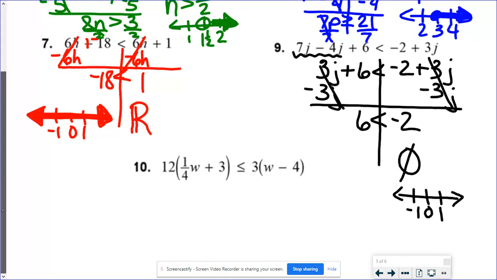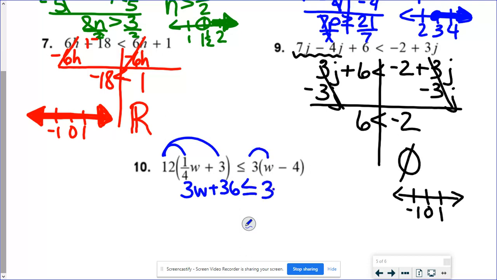For number 10, this last one, I'm going to have 12 times 1/4 w. 1/4 of 12 is 3. So I've got 3w plus 36.